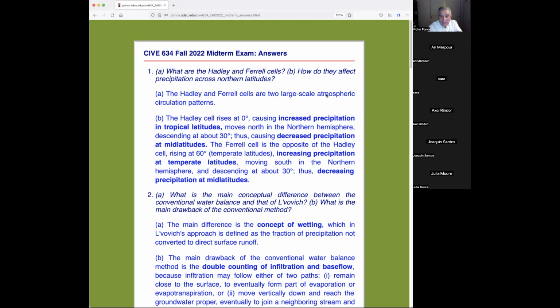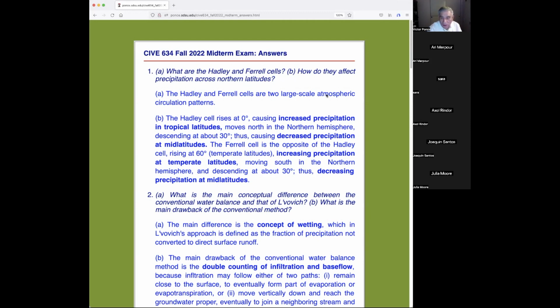Okay, so the Hadley cell rises at 0, at the equator, causing increased precipitation in tropical latitudes, because when the air masses rise, they cool, and when they cool, the conditions are there for them to precipitate.